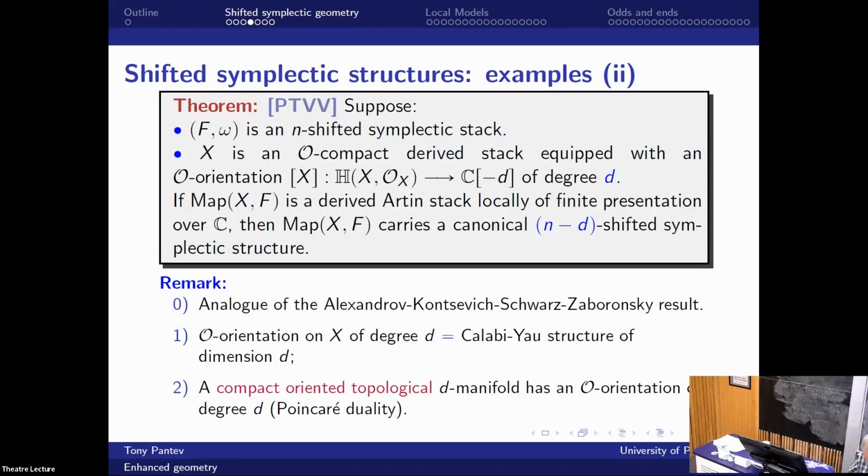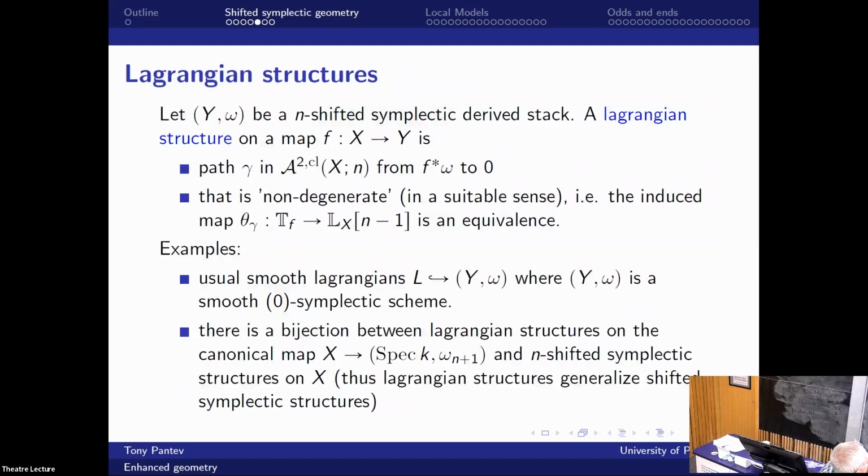And there are versions of all of this with boundary, which I'm not going to talk about right now, but they are relevant to the arithmetic context. So that's one way to produce new symplectic structures out of known ones. You start with something symplectic, you look at the maps of something orientable to that symplectic guy, you get a moduli space of maps, which is symplectic with maybe a slightly different shift.